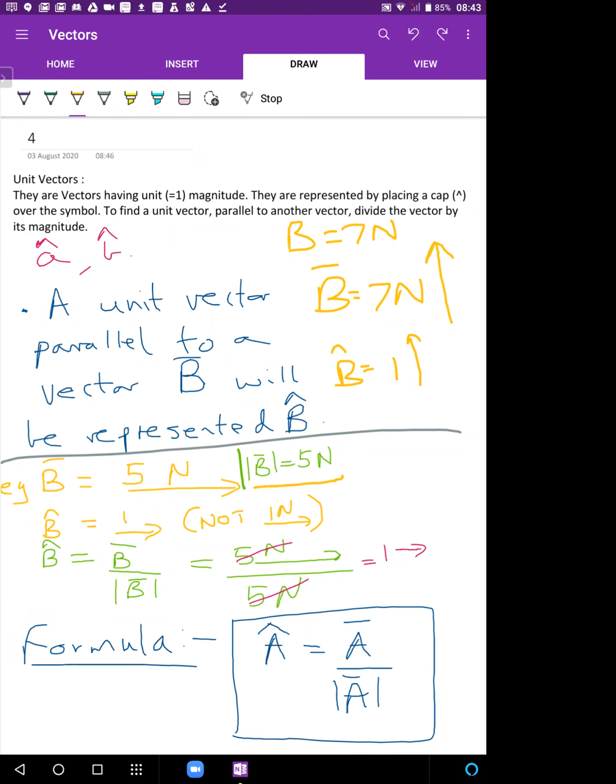The magnitude of B is only the number, only the value 5 Newton. What will I get if I divide B bar by its magnitude?